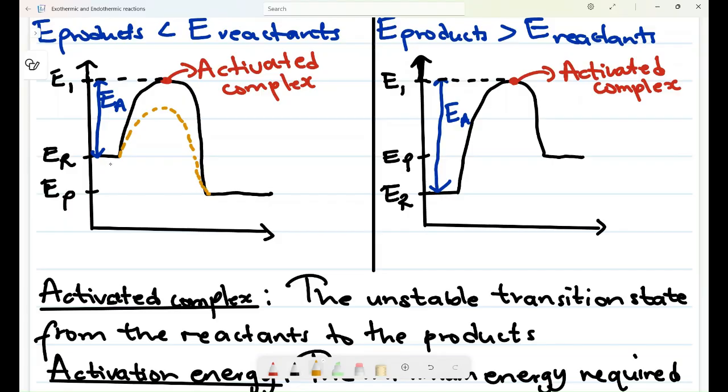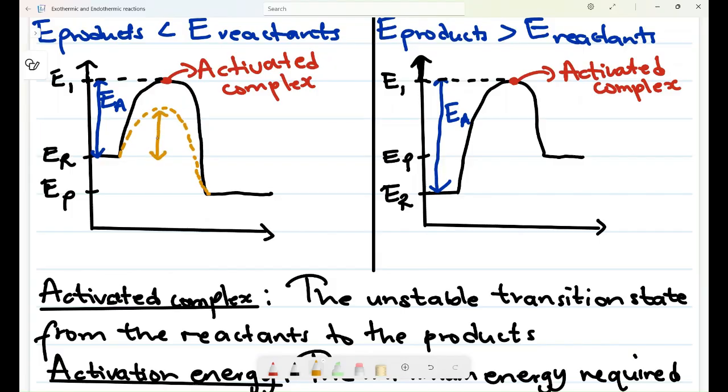Yes, it will start at the same energy of the reactants and end at the same energy of the products. But what will differ is that the activation energy will be lowered. Can you see the activation energy now goes from the peak down to the energy of the reactants?